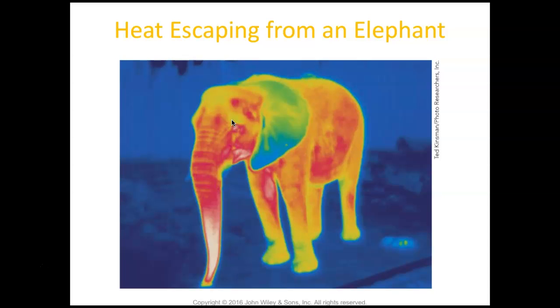But if you have the equipment to see heat signatures coming off because of this infrared radiation, you can see that this elephant is very warm in places where it's red, and cooler in places where it's blue, whereas the surrounding environment is very blue. This is called its heat signature, and it's just the heat escaping from the elephant based on this infrared radiation.